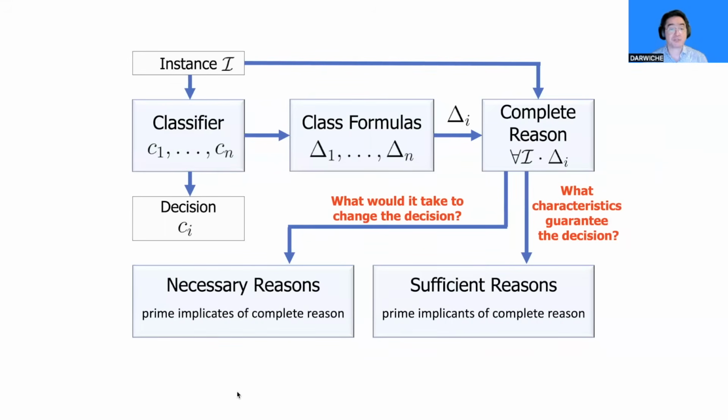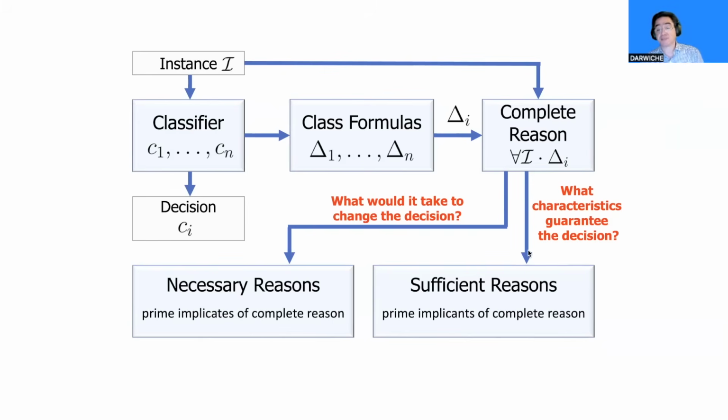Okay, so here's the picture, and this summarizes the theory that I discussed. You have a classifier with some classes, and somehow you compile the corresponding class formulas. You get an instance, the classifier makes a decision on it, puts it in this class, and then what you need to do is pick the corresponding class formula and compute the complete reason using this operator.